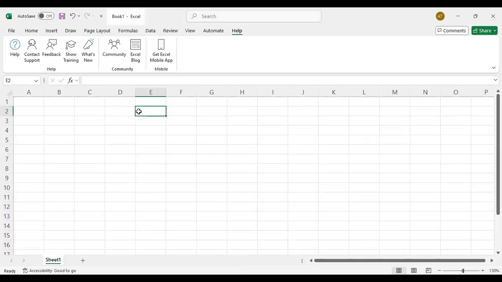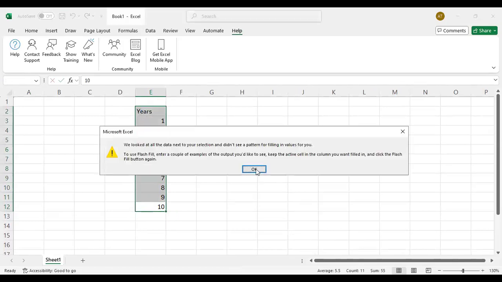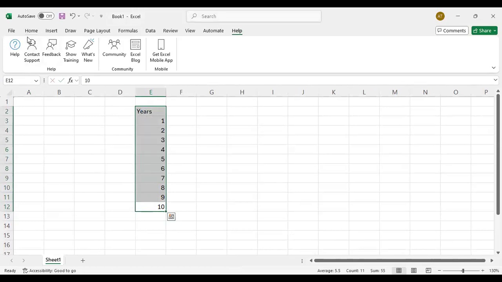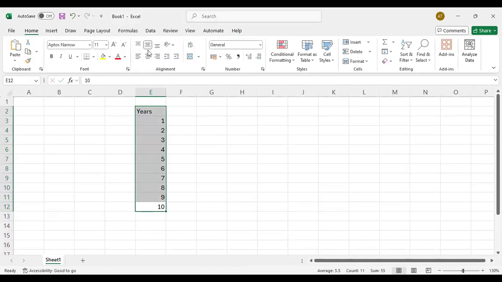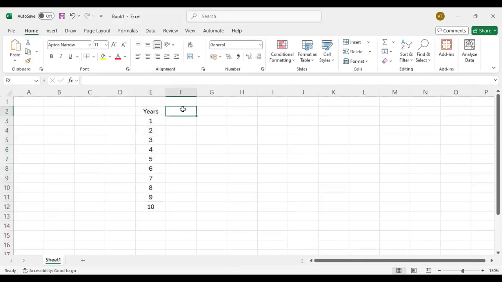Suppose these are the years and this is my income.